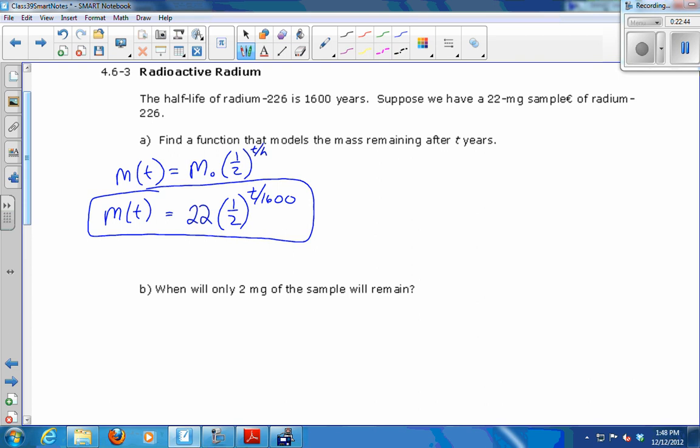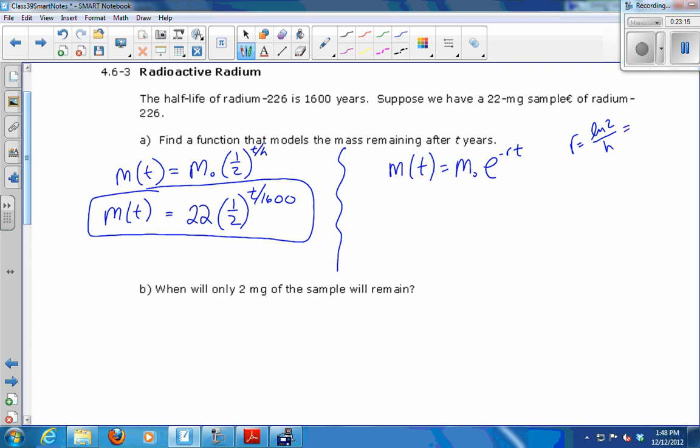So before we move on, just because I can and not because I would want you to, I want to show you that we could use the other model. My other model is m of t equals m0 e to the negative rt. I know m0, I just need to figure out what r is. And r, I figured out a couple slides ago, is the ln of 2 over h.